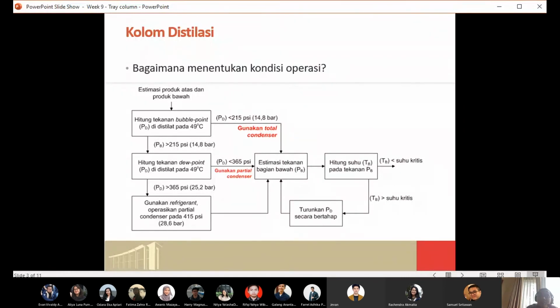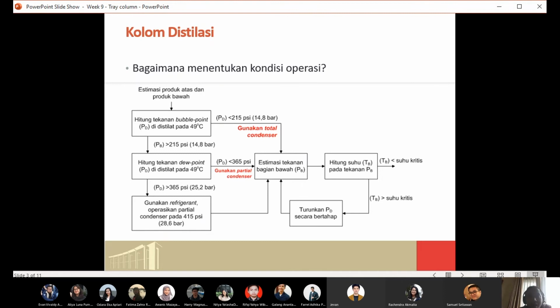In order to achieve the liquid form, you have to estimate that the bottom pressure should be below the critical pressure. If the pressure at the bottom of the column is higher than the critical pressure, it means that the fluid will be in gaseous form.